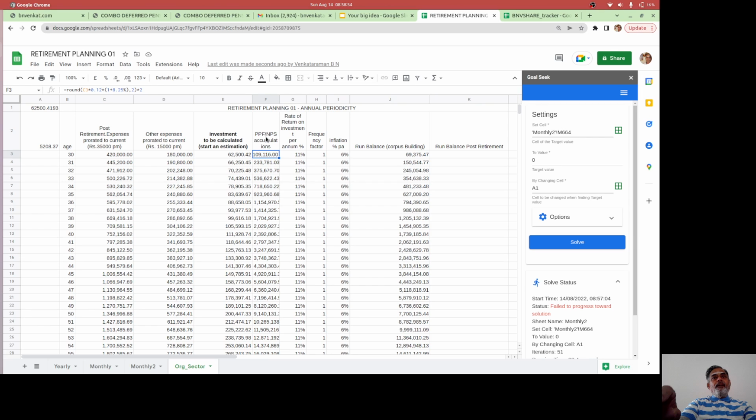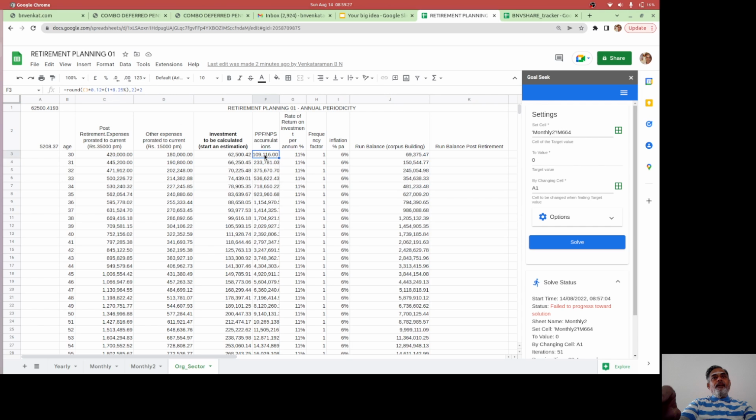The NPS and PPF return accumulation starts with 12% plus 12%, 12% of the employee as well as 12% of the employer, and here we are going by the year calculation. The yearly approximation is sufficient, therefore we are going by yearly calculations.